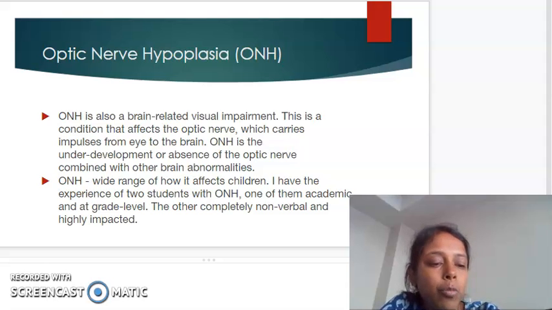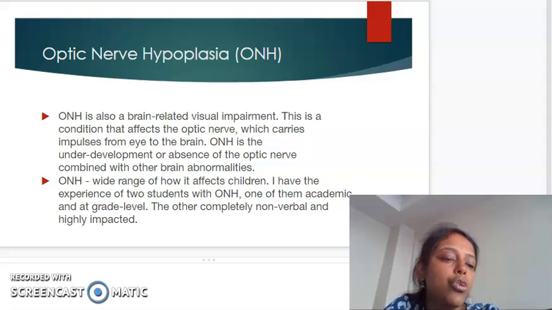The other condition we will slightly focus on this week is optic nerve hypoplasia. That's ONH, and ONH is also a brain-related visual impairment. This is a condition that affects the optic nerve, which carries impulses from the eye to the brain. ONH is the underdevelopment or absence of the optic nerve combined with other brain abnormalities. As far as ONH is concerned, what strikes me is it has a wide range of how it affects children.